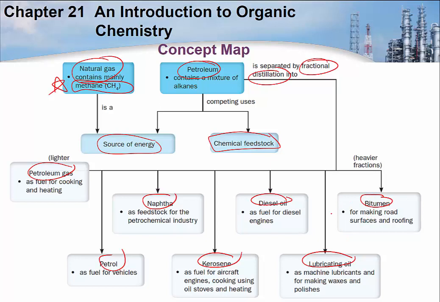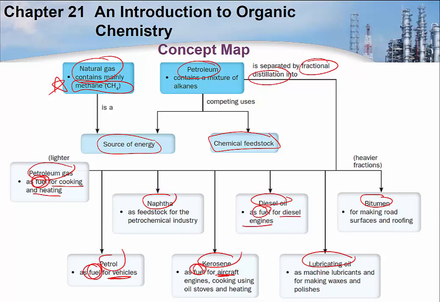Now, you need to know the uses. Very specifically, if it's used as fuel, you must say fuel. For example, petroleum gas is a fuel for cooking and heating. Petrol is a fuel for cars and vehicles. Kerosene is a fuel for aircraft. Diesel oil is a fuel for diesel engines like buses and trucks.